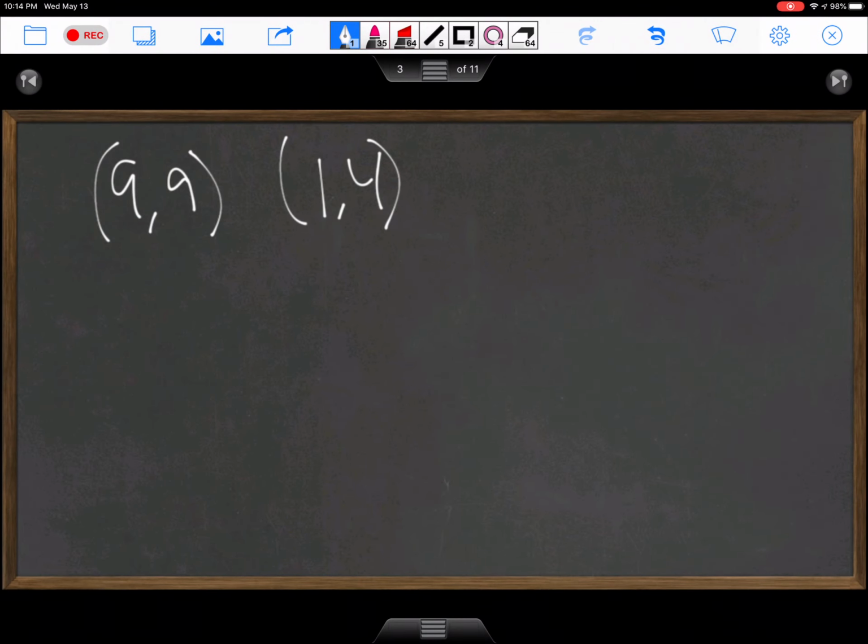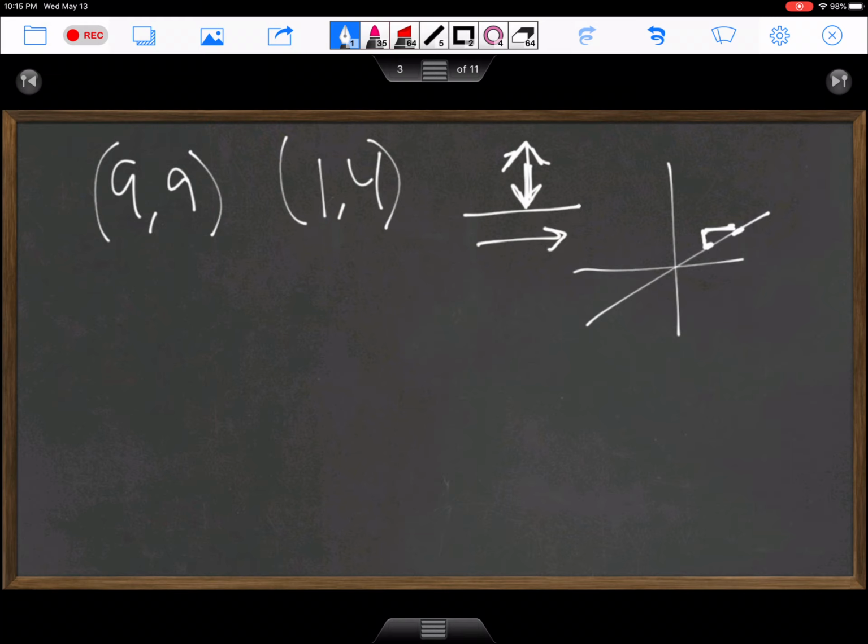So today we're talking slope from an equation, and you might remember that slope is the relationship of the rise to the run. So how does it change up and down to how it changes side to side?